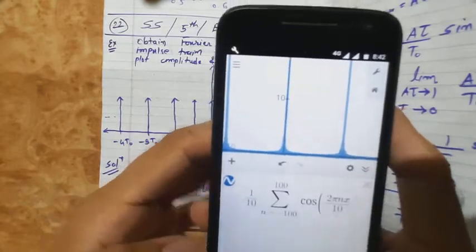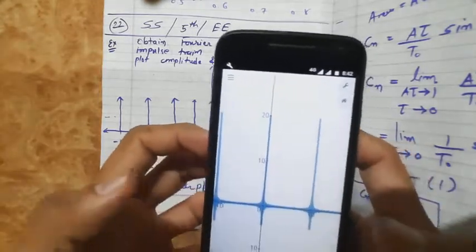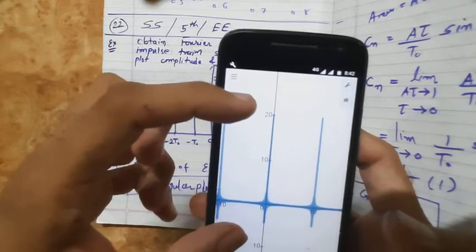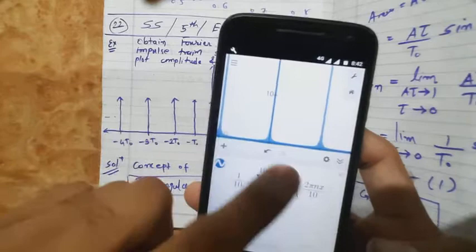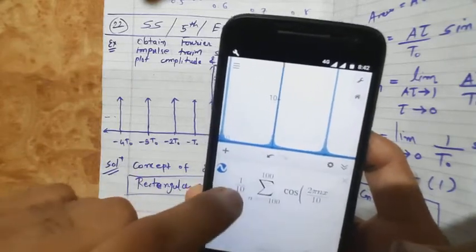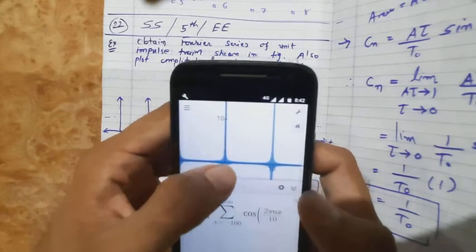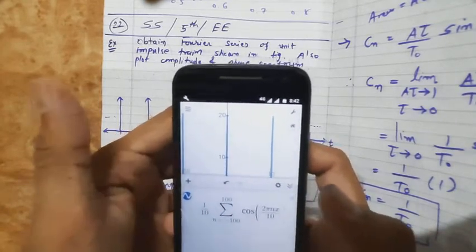Okay, so now from negative 100 to 100, you will get this kind of waveform from 0 to 10, but now the peak is going to be 20. As long as you increase this iteration number, you will have the same width, this oscillation is going to die out, and your height is going to be infinite and infinite.